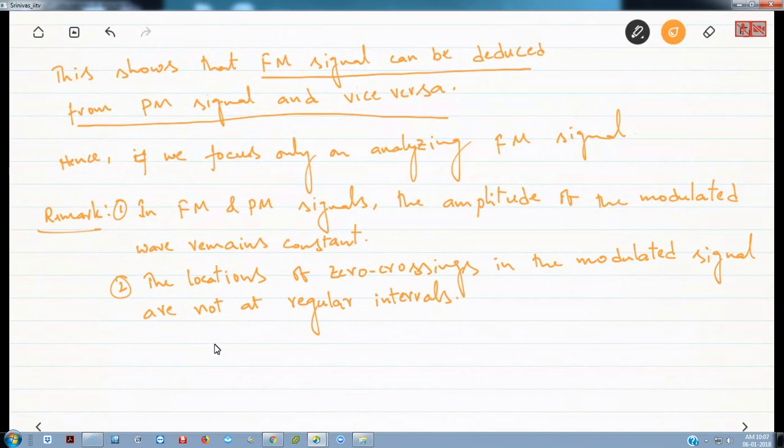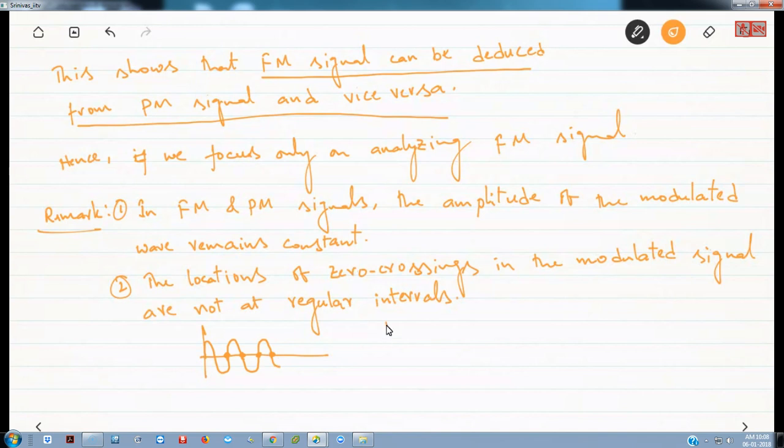That meaning in amplitude modulation, though the amplitude changes, we know that the frequency remains constant, right? So the frequency remains constant in the sense, so this is zero crossing. So these zero crossings happen at regular intervals. If the distance between these two is t seconds, the distance between these two is also t seconds, and so this distance between these two is also t seconds.